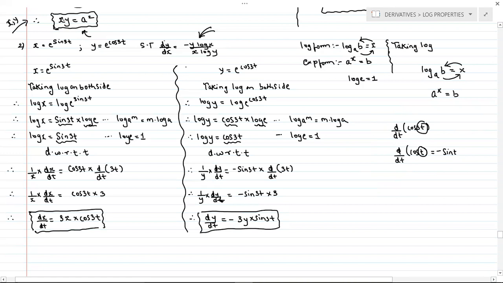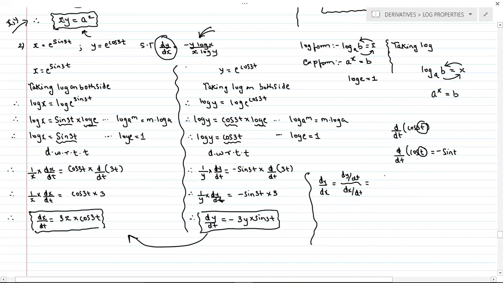As we require the answer for dy by dx, we'll simply divide these two to get the final answer. When you divide dy by dt by dx upon dt, you will get dy upon dx, yes or no?